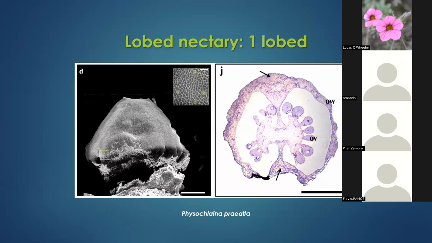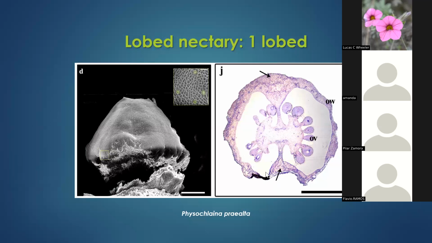This is a marker to show that it has a nectary. This is the only structure that shows nectarostomata in the whole disc. Anatomically, you would see that this lobe is a nectar-secreting structure, and opposite to this, it is completely absent.